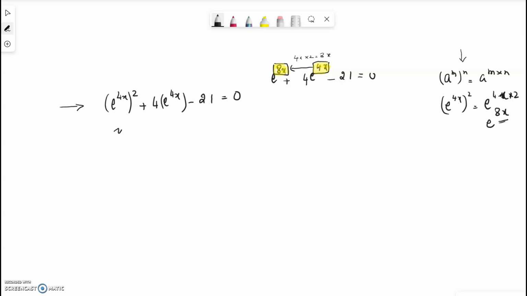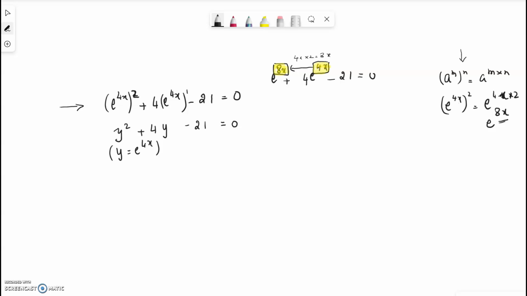It looks like y squared plus 4y minus 21 equals 0. This pattern, a certain term the whole squared, a certain term to the 1, and then a constant, really is the quadratic pattern. If we plug in y equals e to the 4x, then we get y squared plus 4y minus 21 equals 0. So let's pretend this is a quadratic equation in y and solve it.